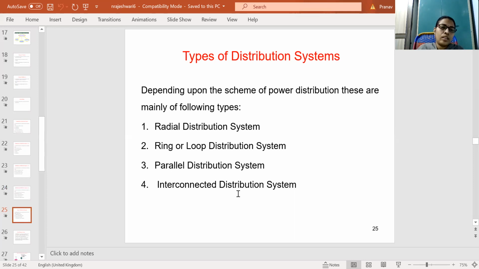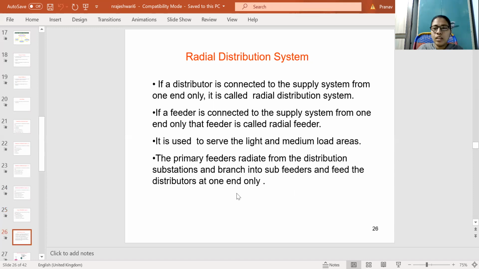First, the radial distribution system. If a distributor is connected to the supply system from one end only, it is called a radial distribution system. That means a distributor is connected to the supply at only one end.